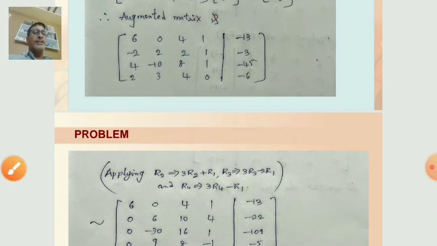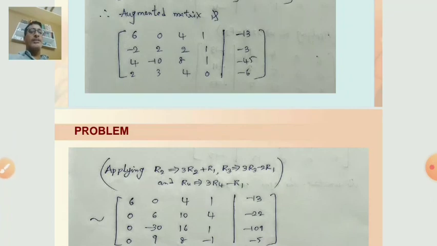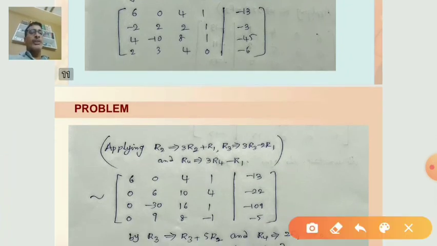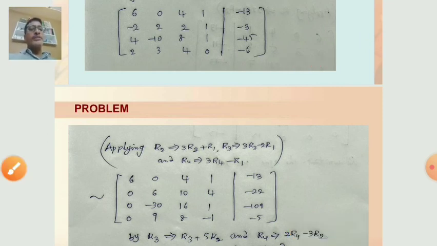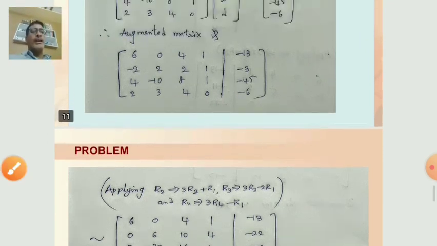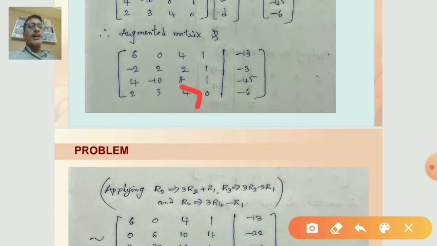To solve the given equations, we have to change this augmented matrix into an upper triangular matrix by using required row transformations. So what is the upper triangular matrix? It is the matrix in which all the elements below the principal diagonal are 0.